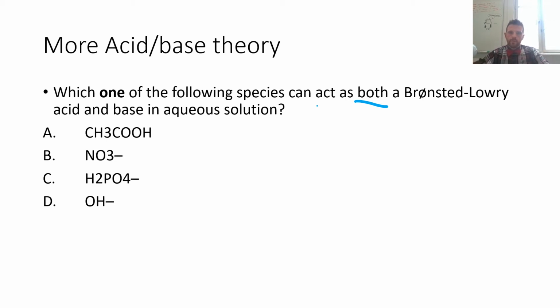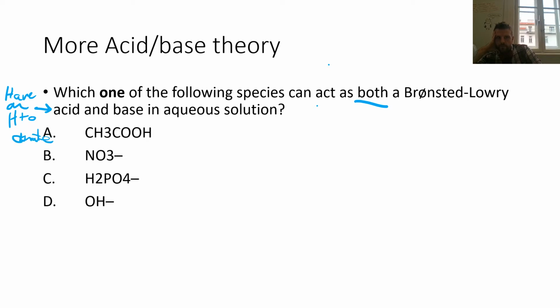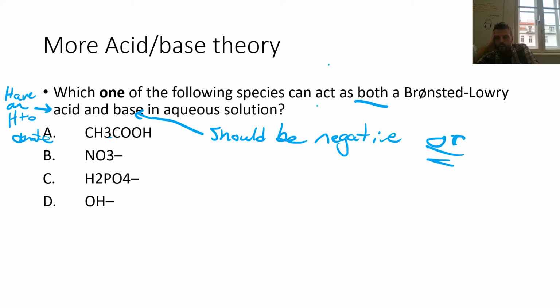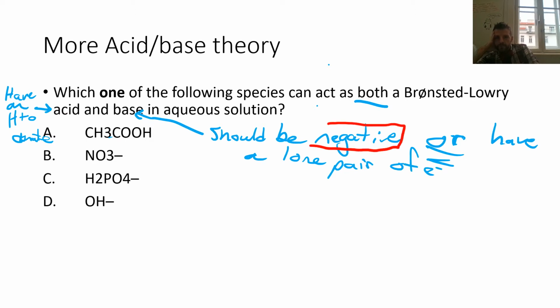So we are looking for something, so if it's an acid, it needs to have an H to donate, and if it's going to be a base, it should be negative or have a lone pair of electrons. More often than not, this is what you're looking for, the negative part.